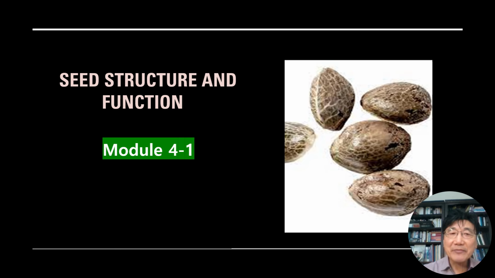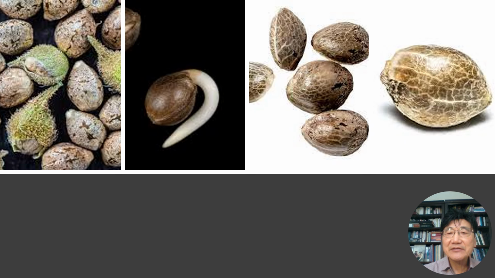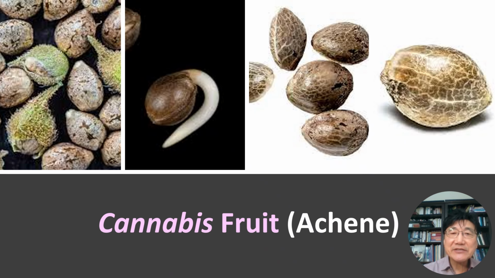Today we will learn about seed structure and the function of cannabis. The cannabis seeds that many people know are not the seeds but fruits. This is because the fruit skin is dry and hard and is attached to the seed, so it's mistaken for the seed coat. Botanically, this type of fruit is called an achene.